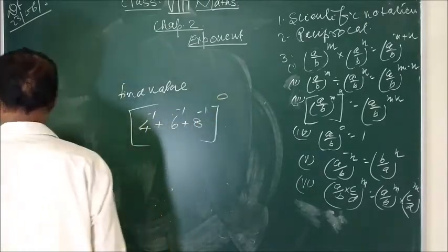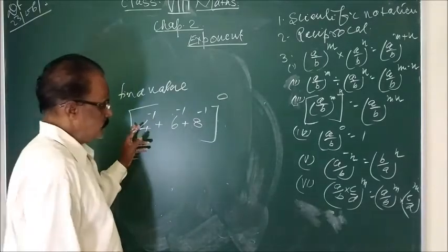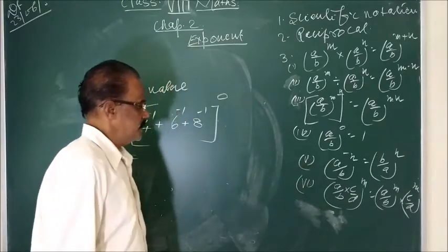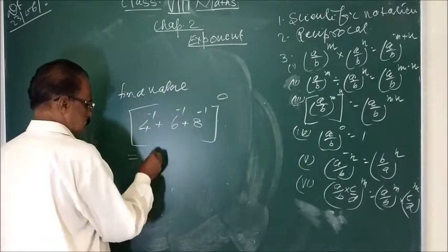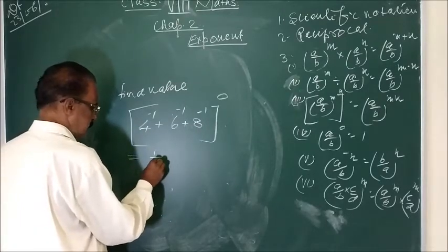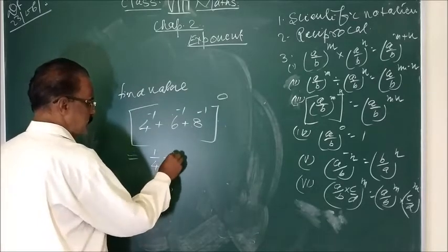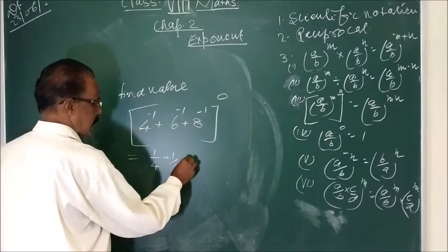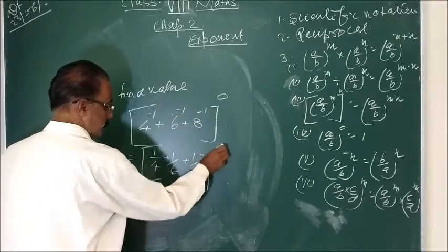This is the question. Now for the base, you will use this: negative integers are converted into positive. So 4 power minus 1 means 1 by 4, and this will be 1 by 6, and this will be 1 by 8, whole power 0.